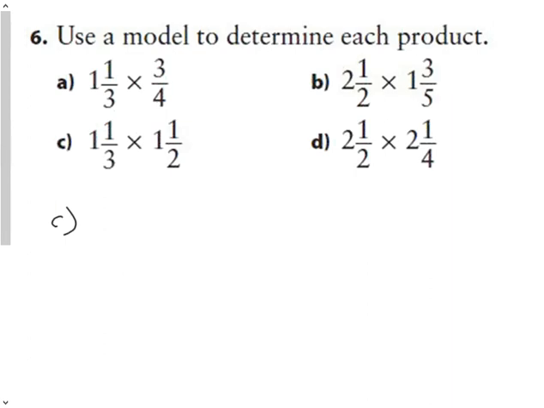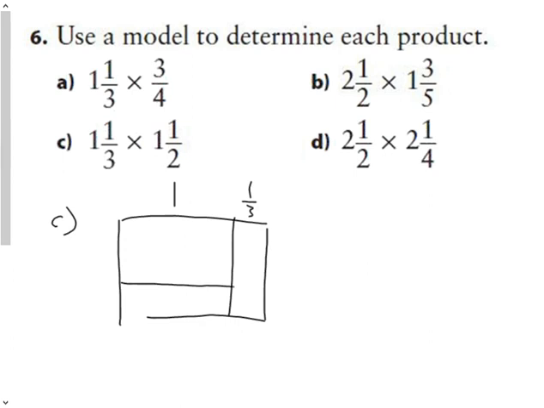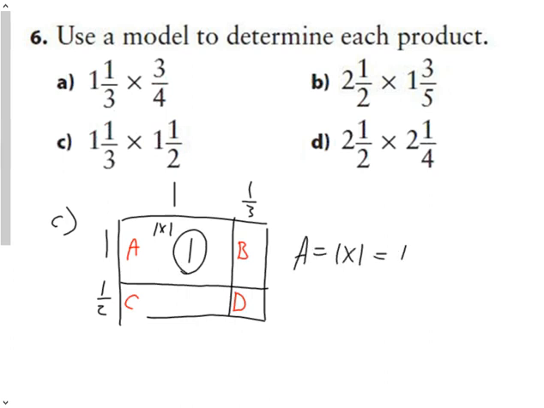Part C, 1 1/3, so I'm going to make the length 1 1/3, multiplied by 1 1/2. That'll give me 4 parts, an A, a B, a C, and a D. A will be 1 times 1, which is 1. A equals 1 times 1, which will be 1.